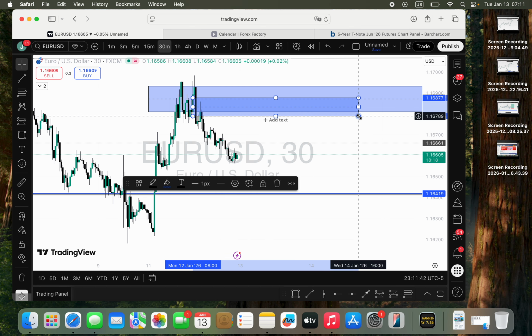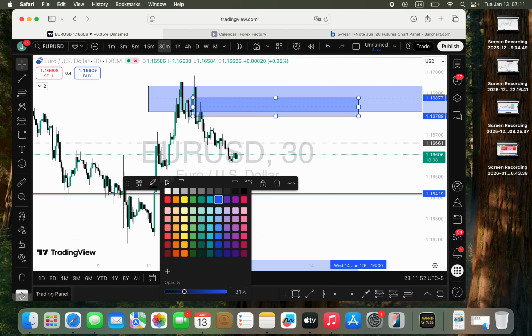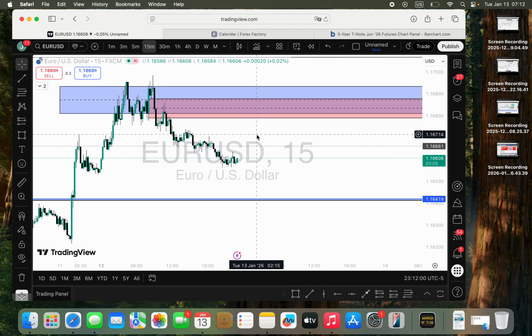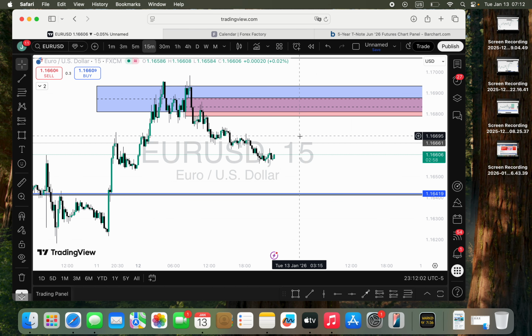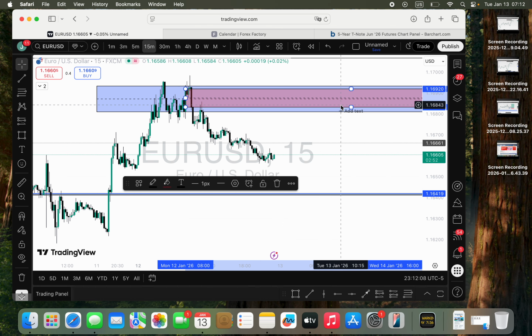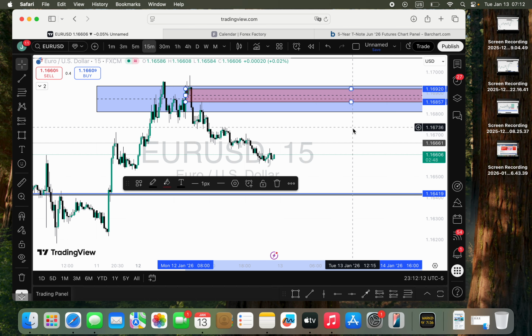You can see this fair value gap. Let me mark it a different color, and make it red. But price sometimes goes back to fill the liquidity. So if it comes back, I think it will come back to fill this upward, let's say at this point.